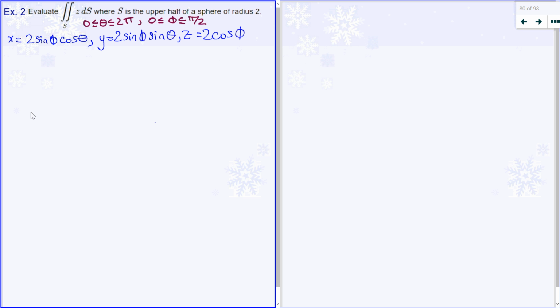So now we have to find our r theta, which are all the partials with respect to theta.